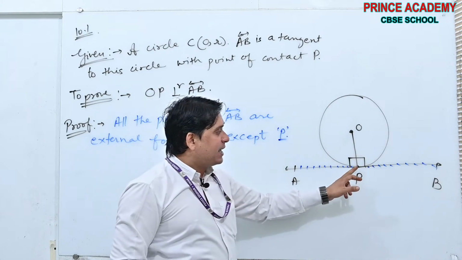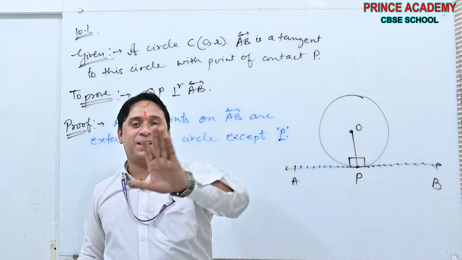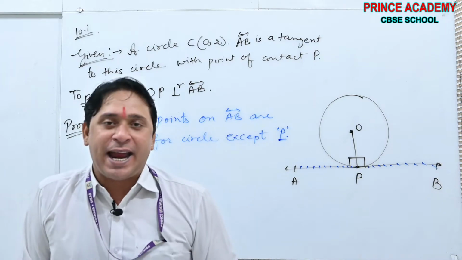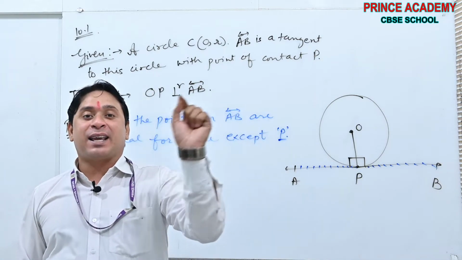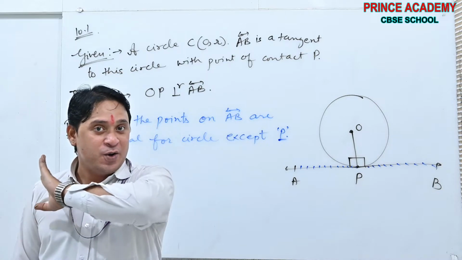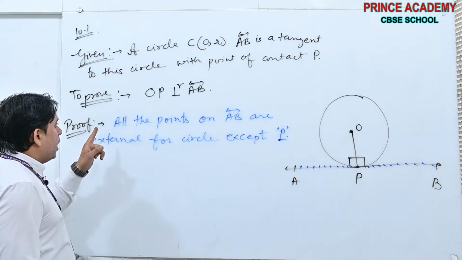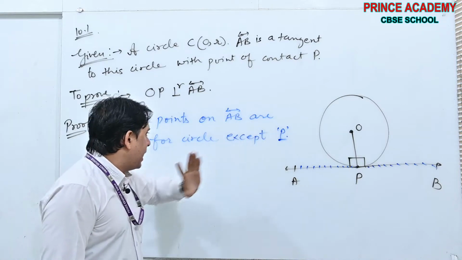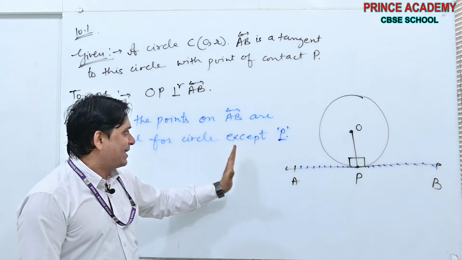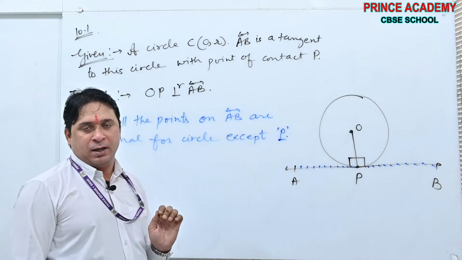Because P is the common point of the circle and the tangent. P is on the circumference of the circle, not outside the circle. Okay beta? Now see. All the points on AB are external for the circle except P.